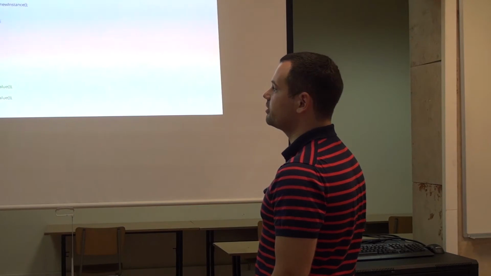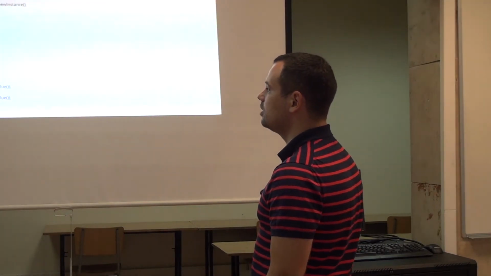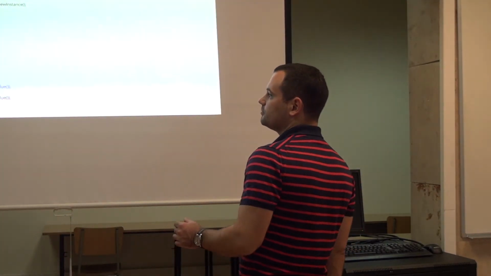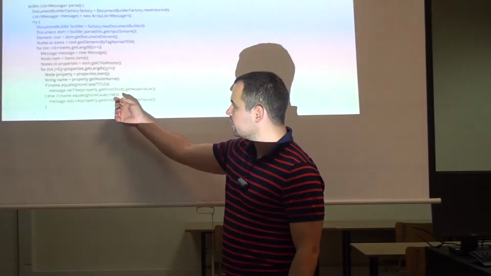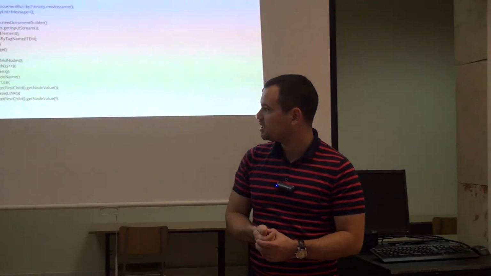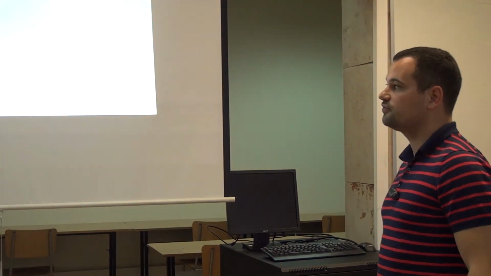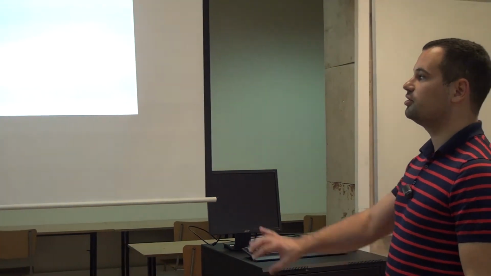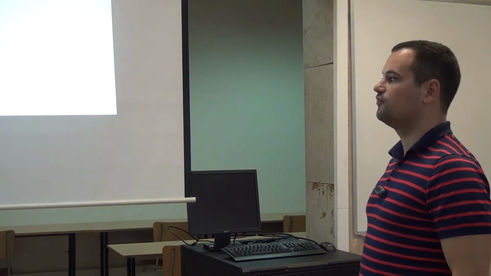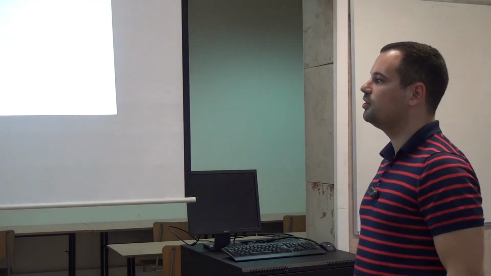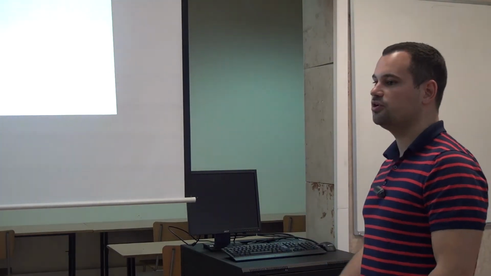The nodes here are actually different because their name is the name of the tag, and we are checking the name of the tag and just getting the value of these nodes. So it's pretty much the same, with the only difference that here, before starting the real parsing, we already have everything there. We have the whole structure with the whole content of this structure.